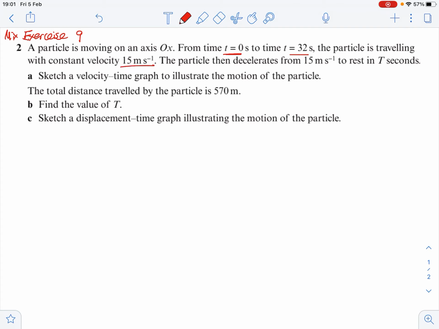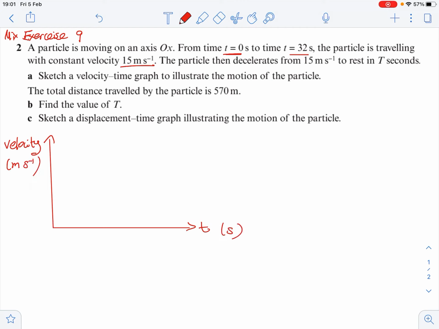So let's do a sketch of a graph. We have time and velocity, and time is in seconds.